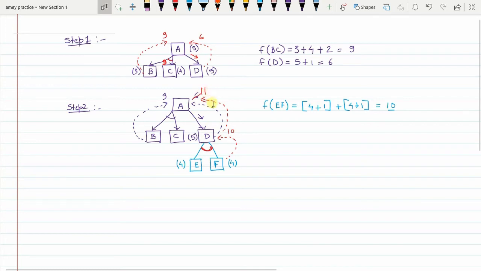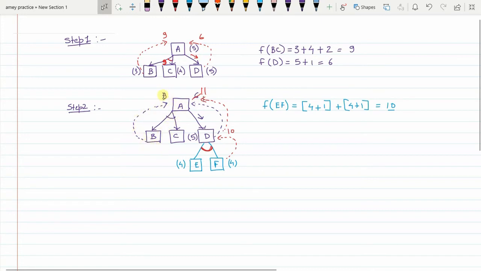Please note. So the algorithm sees that if the further expansion continues from arc EF, then the backup value that the root node will get is 11, whereas if you switch the branch and continue expansion from arc BC, then the backup value that you get is 9.